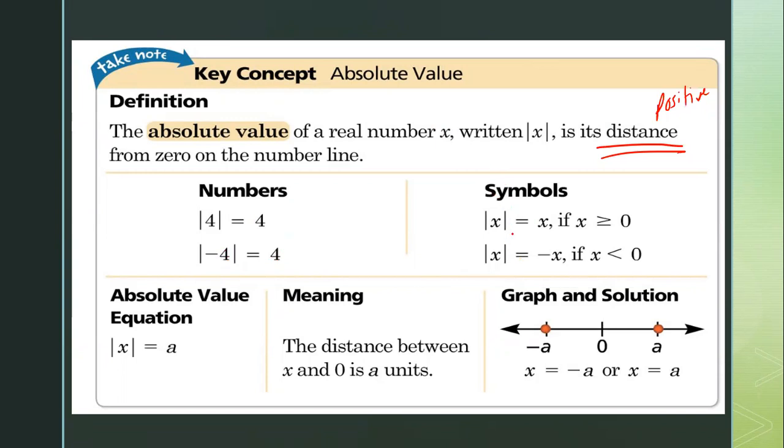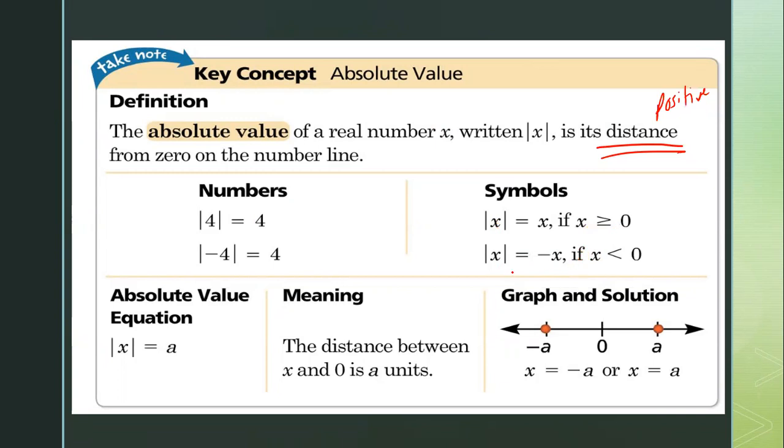Now, in terms of variables, absolute value and their symbols, the absolute value bars look just like the determinant bars of matrices, except instead of elements on the inside, there's only a singular number on the inside, okay? Notice here that the absolute value of x is x when x is greater than or equal to 0.